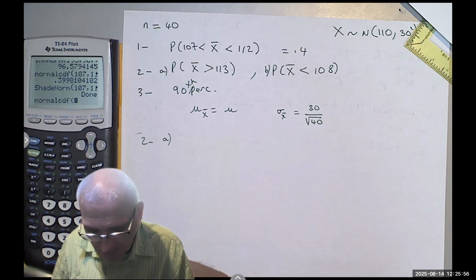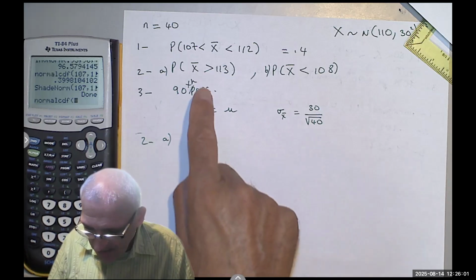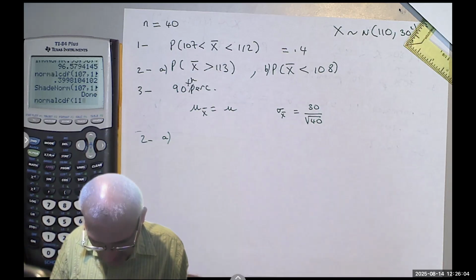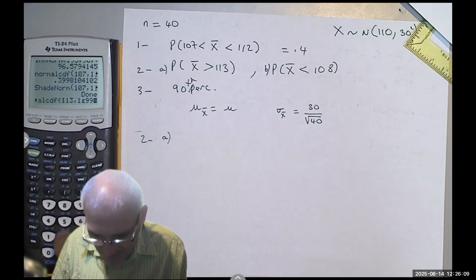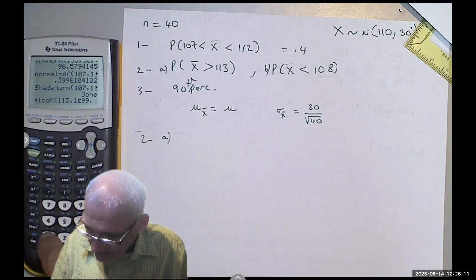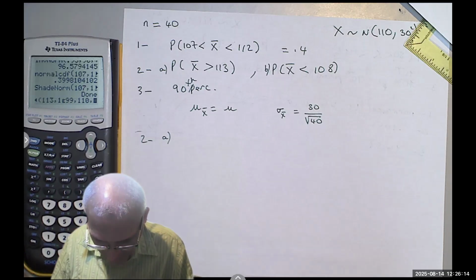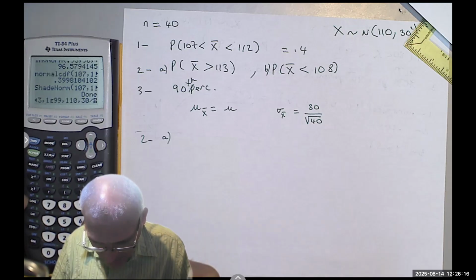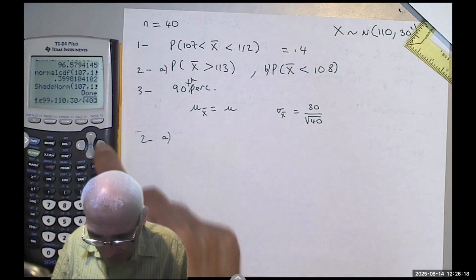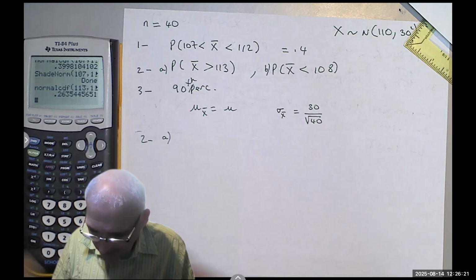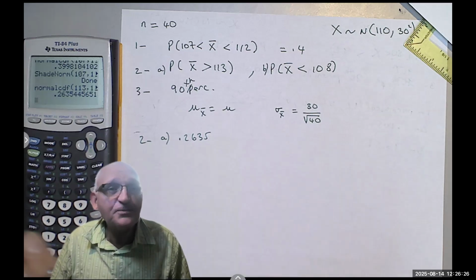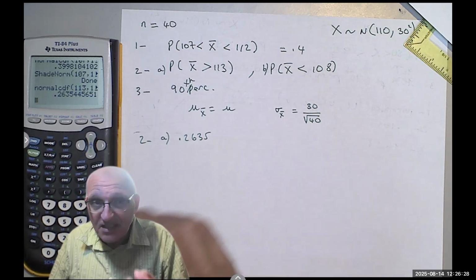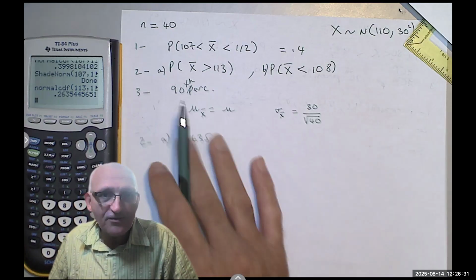We say the lower limit is 113, the upper limit is 1E99, comma, 110, comma, 30 over square root of 40. And that is 0.2635. Roughly 26% of the distribution of the means is greater than 113.